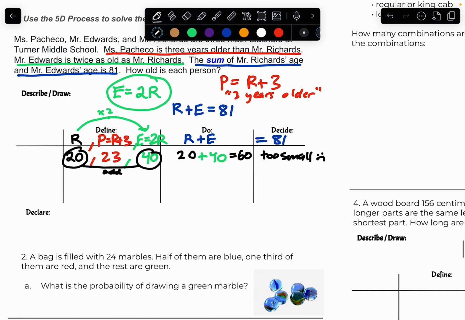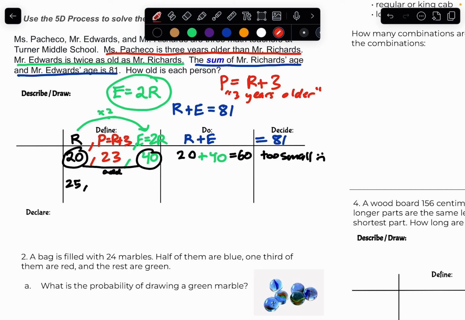So since 20 was too small, 20 and 40 was 60, and we need it to be 81, we need to go a little higher. Let's try again. I haven't done this problem yet, so I'm going to do the same process that you would do and try a number that's a little bit higher. So we have 25 for R. If Mr. Richards is 25, how old would Miss Pacheco be?